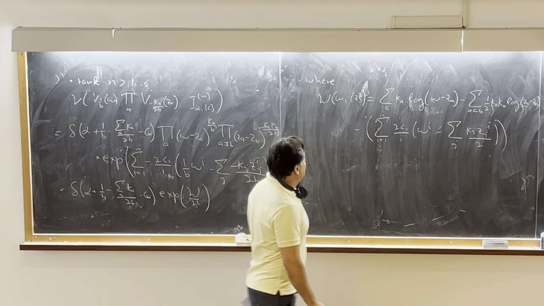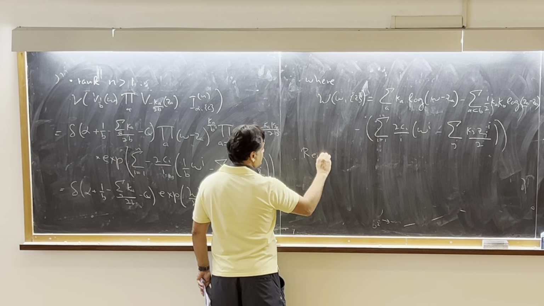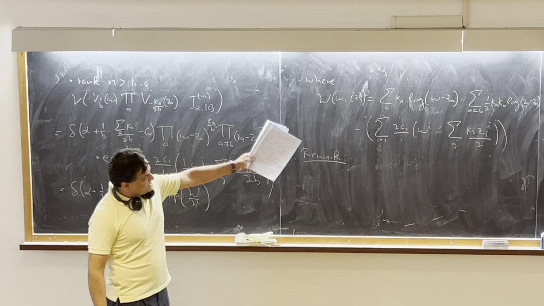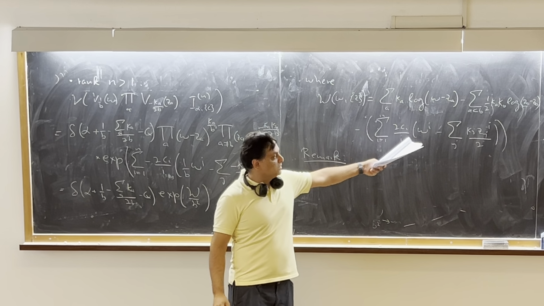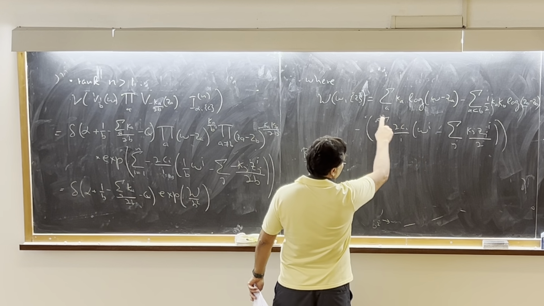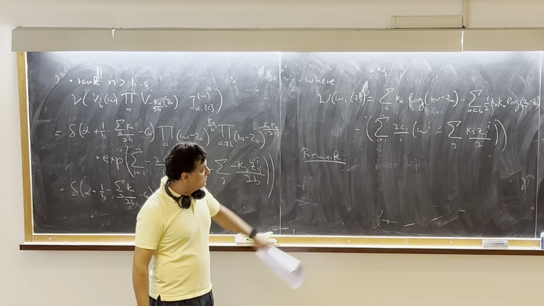Okay, so maybe there is one remark here. So this would be the superpotential. It's logarithmic up to these polynomial terms in this W, and it's a polynomial of order n for a rank n irregular operator.